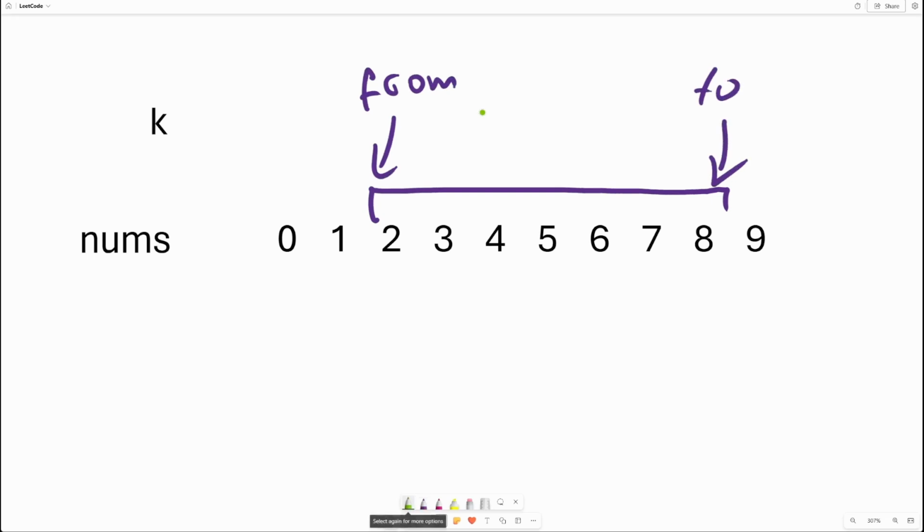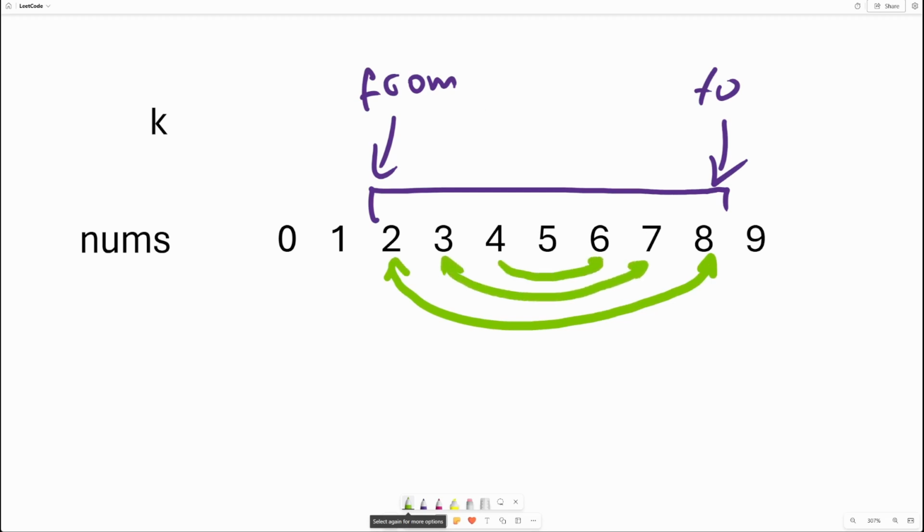What's going to happen is we will have a number of swaps to perform. This one swap, another swap, another swap, and then optionally you can perform the swap in place if you want to, if the number of elements is odd.